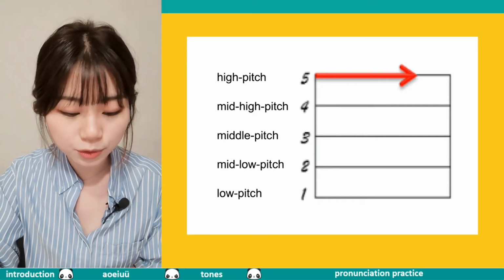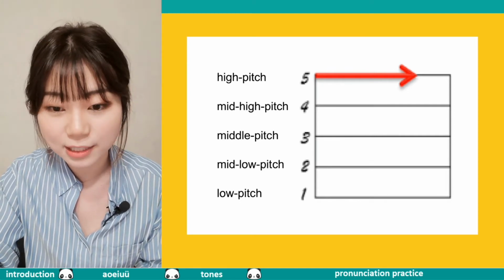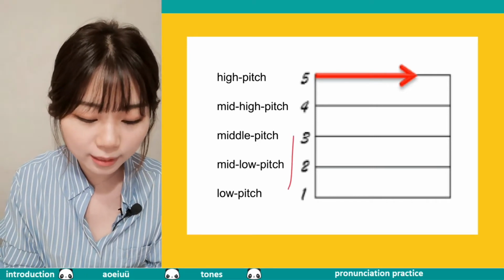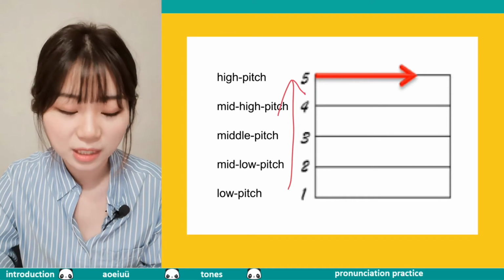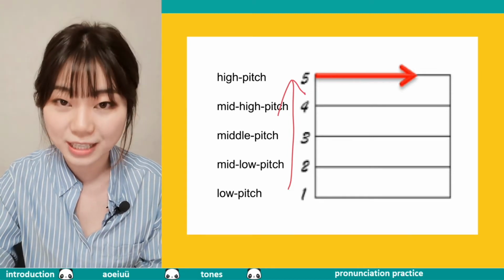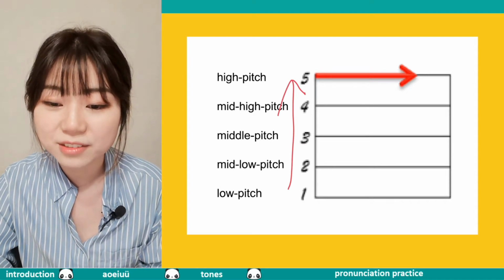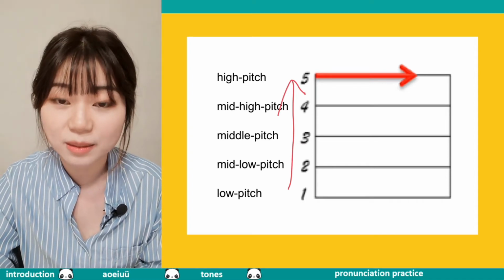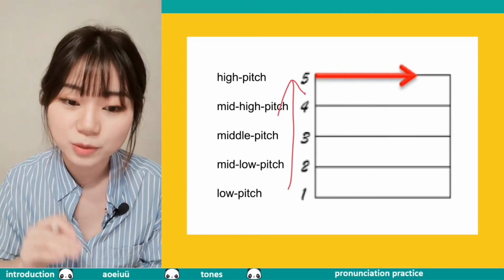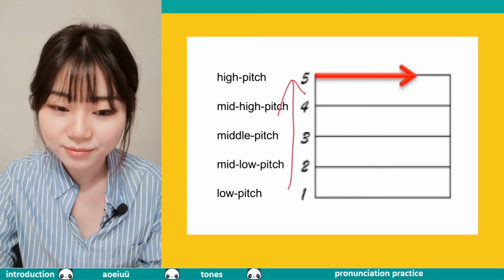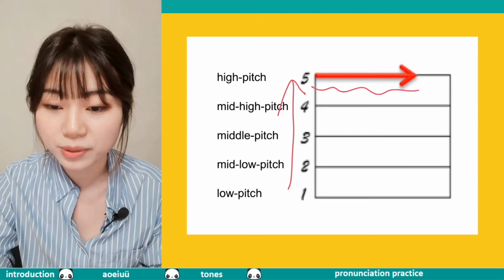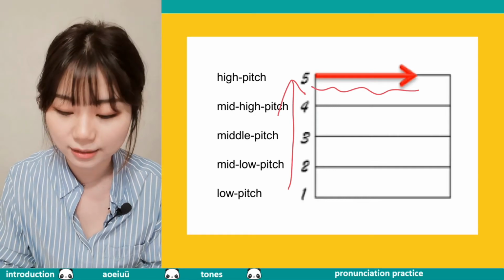The 1, 2, 3, 4, 5 lines here mean the 5 pitches of our voice, from low pitch to mid-low, mid, mid-high, and then high pitch. You don't have to mark your voice as precisely as in musical scales. Only need to know that from 1 to 5 is from low to high.